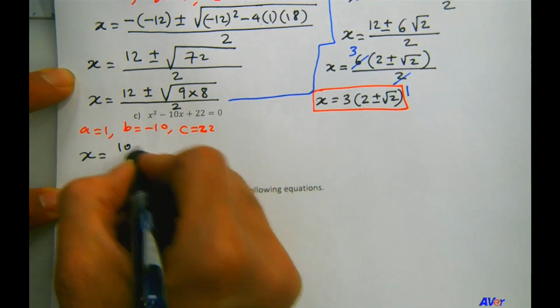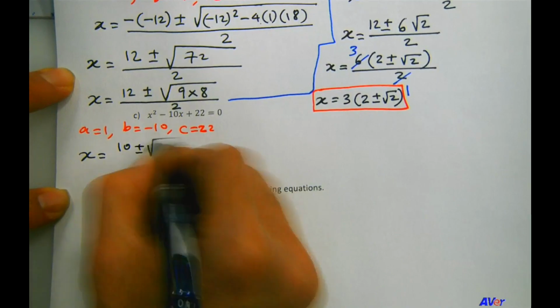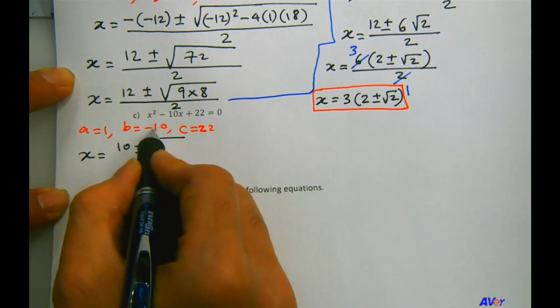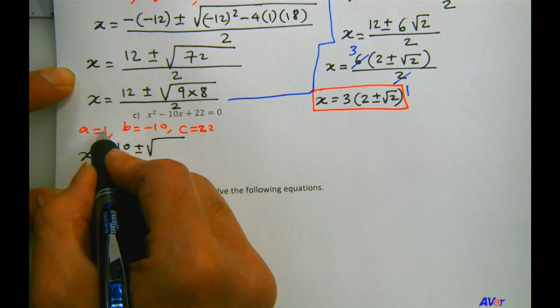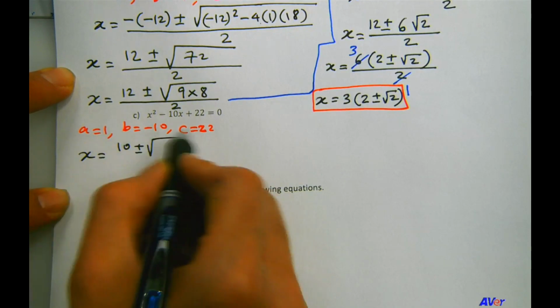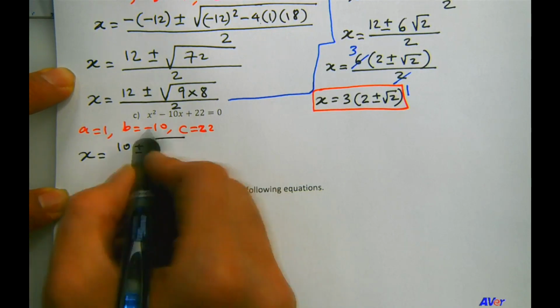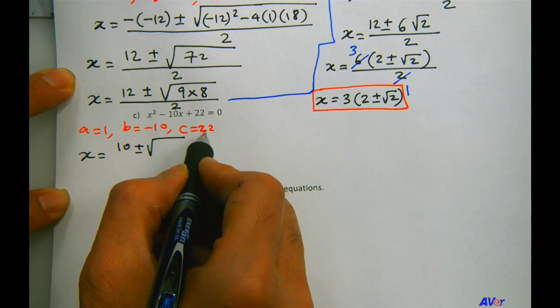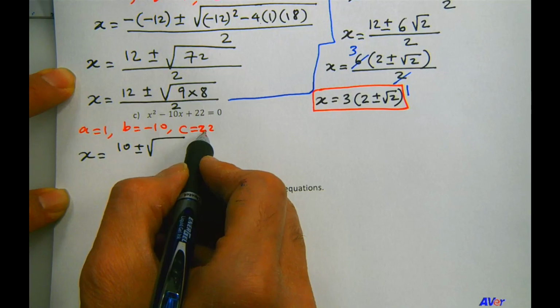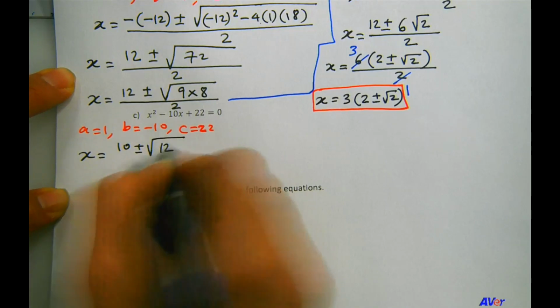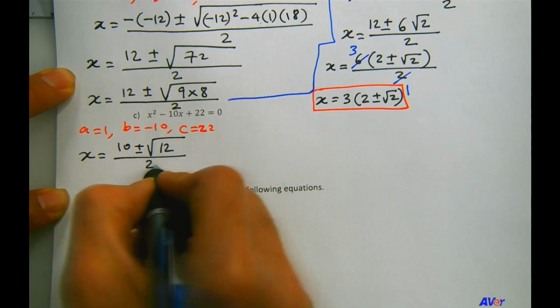So minus 10 is positive 10, plus or minus b squared would be 100 minus 4ac, that would be minus 88. So 100 minus 88, it'll be 12, right? So 12 divided by 2.